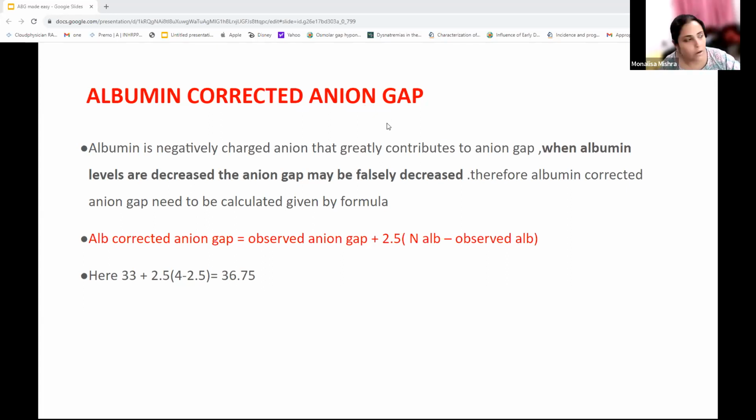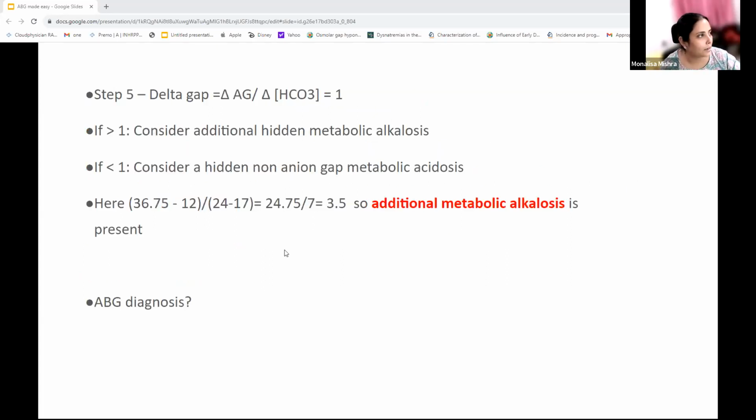That's all you have to know to actually calculate the ABG. And then the last step was the delta gap, what we read about. That is the delta anion gap divided by delta bicarb. So the delta anion gap is 36.75 minus 12, divided by delta bicarb, 24 minus 17. So 3.5. If it is more than 1, then there might be some metabolic alkalosis present.